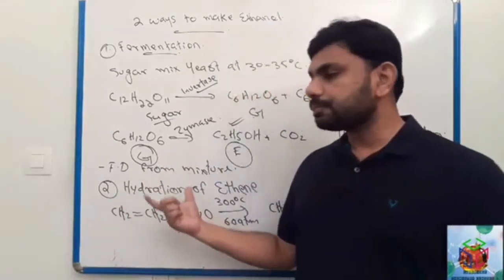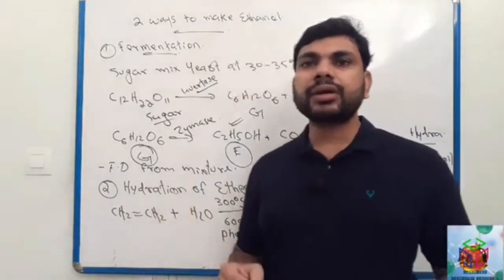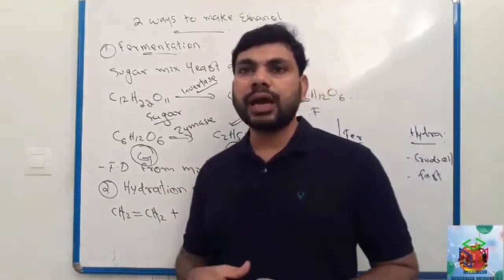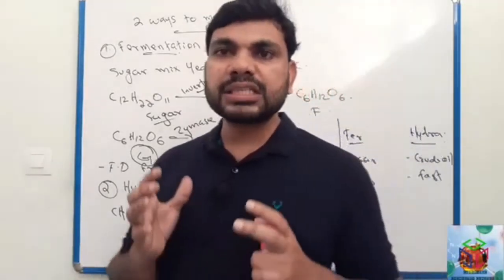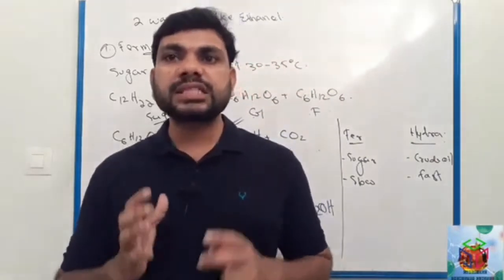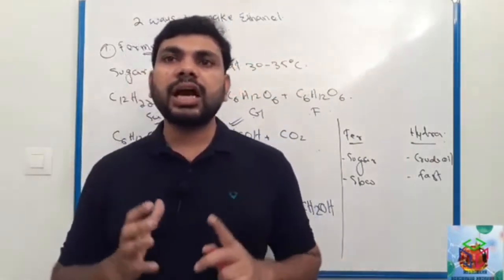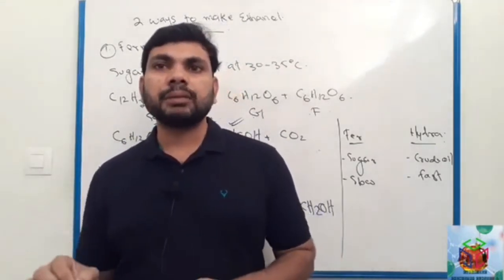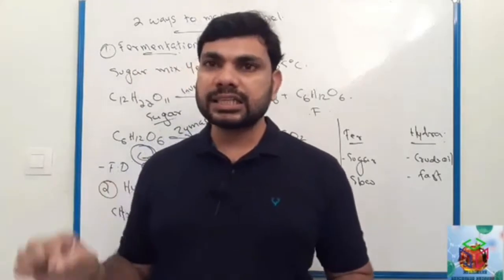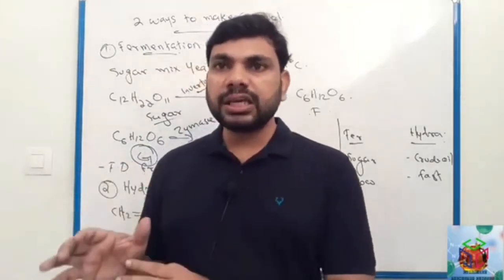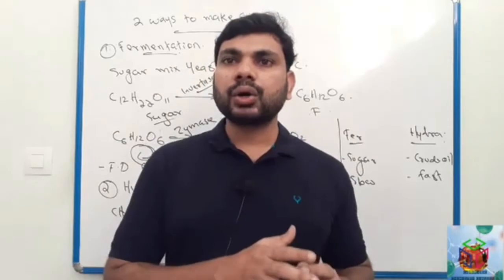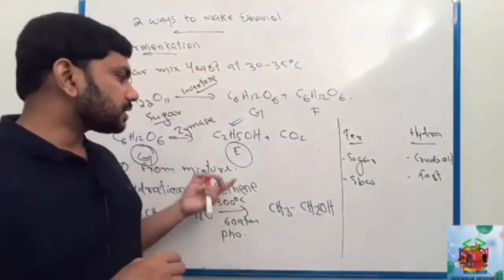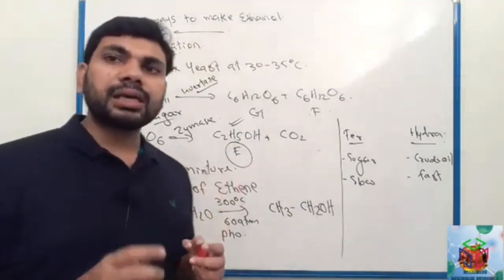The second method to obtain alcohol is hydration of alkene. This reaction we already discussed. In hydration of alkene, alkene reacts with steam at 300 degrees Celsius, 60 atmospheric pressure, with phosphoric acid as a catalyst. Alkene, especially ethene, will change to ethanol. This is another method to produce alcohol. This is a chemical method.